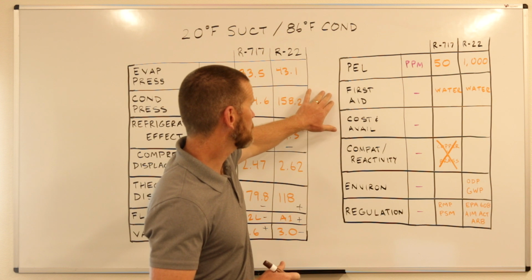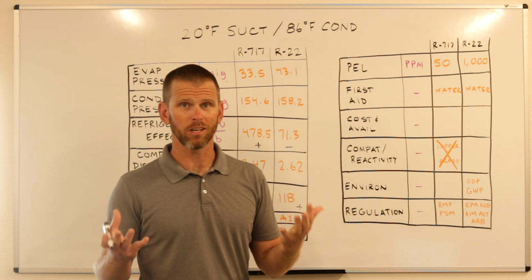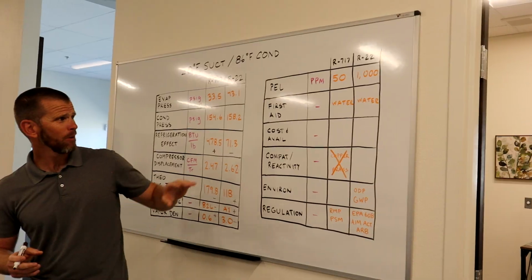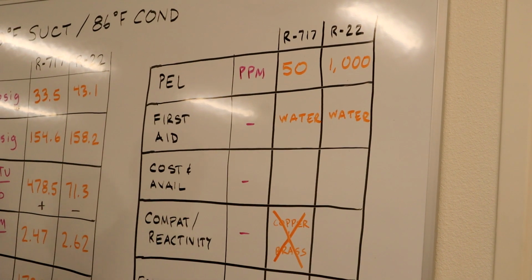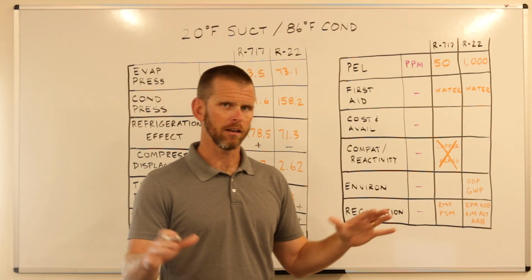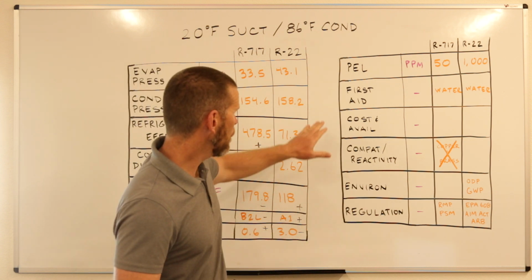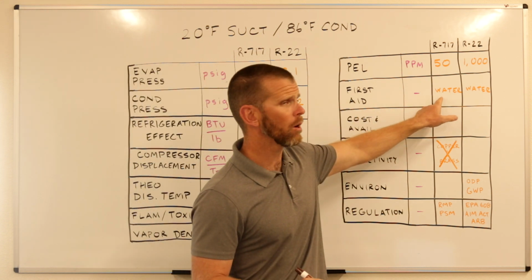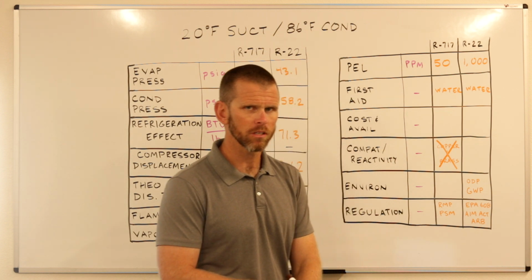All right. As it relates to first aid, if you were to review the safety data sheet, or SDS, for either one of these refrigerants, they would have very similar first aid measures, which would say if you get the refrigerant on your skin, get to water, an eye wash, a safety shower, and irrigate with copious amounts of water. However, it's more critical in the case of ammonia because the ammonia will actually be attacking the skin tissues.